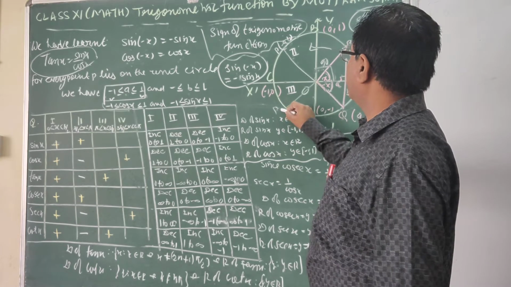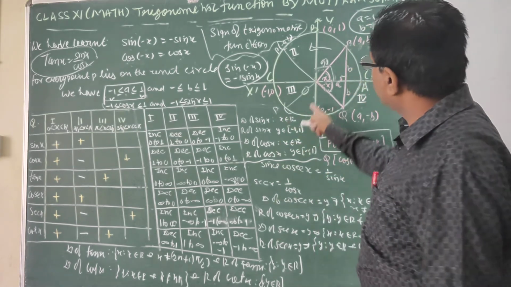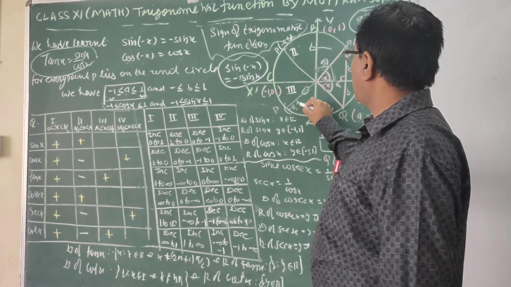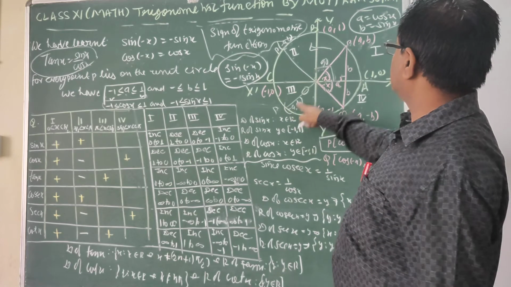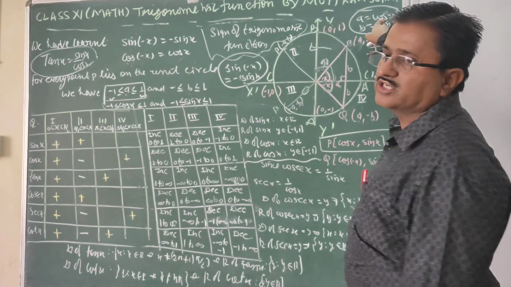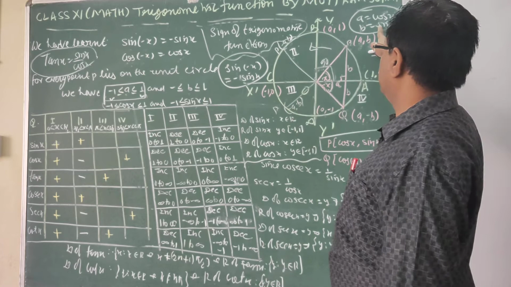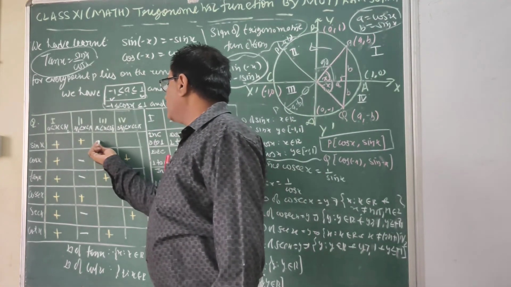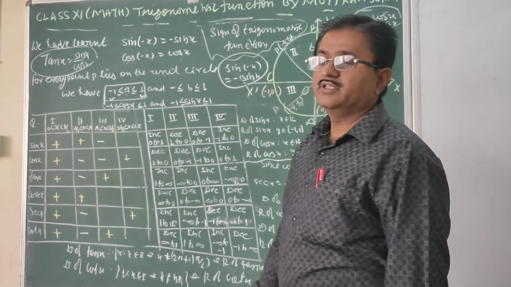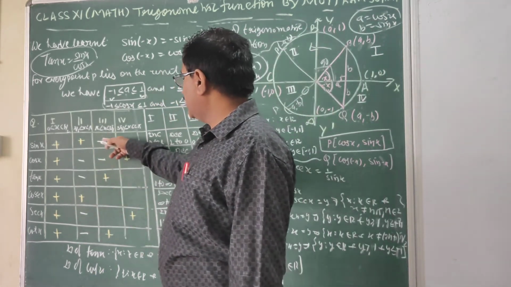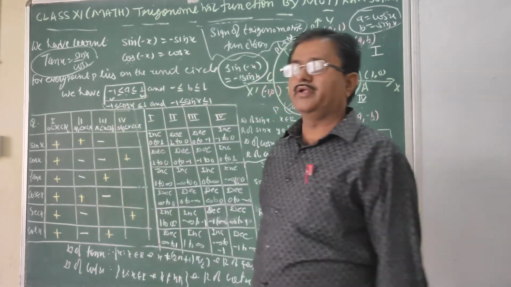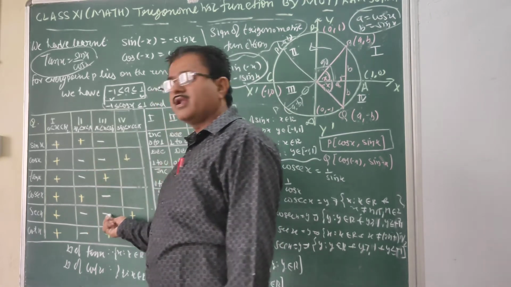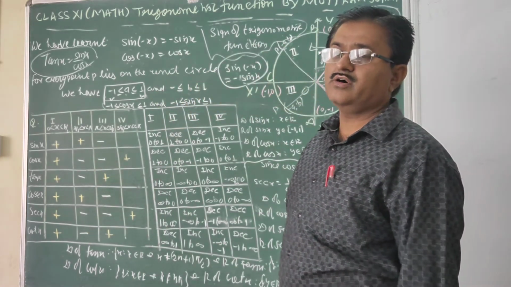Suppose this point P is at any time in the third quadrant. In the third quadrant you already know x is negative and y is negative, meaning both are negative. So minus A, cos x, minus B, sin x. It means sin x and cos x both are negative. This is clear? Now sin x is negative, then its reciprocal will also be negative. Now if cos x is negative, then its reciprocal sec x is also negative.